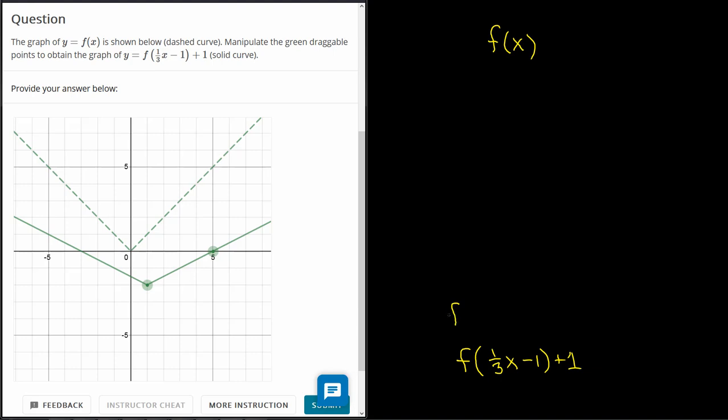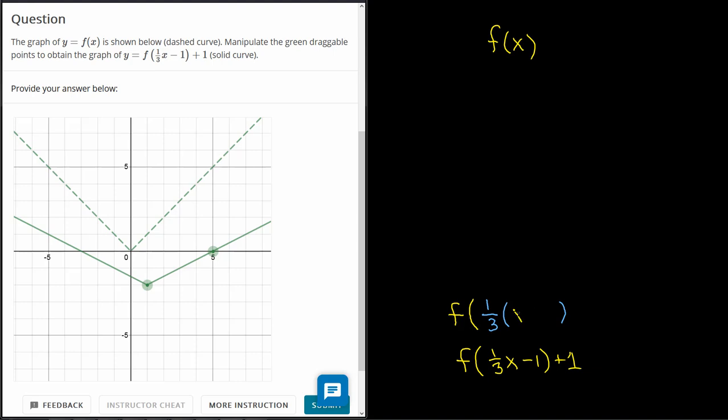You'll see what I mean when I write it down. So I can bring that 1/3 out, and I'm factoring the 1/3 out of both the x and the -1.